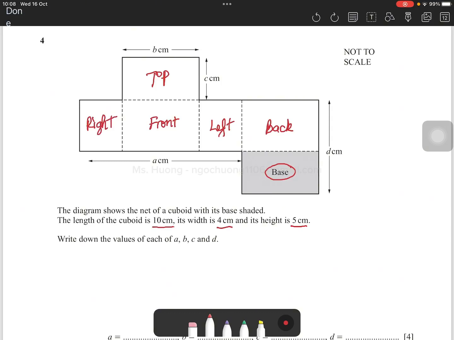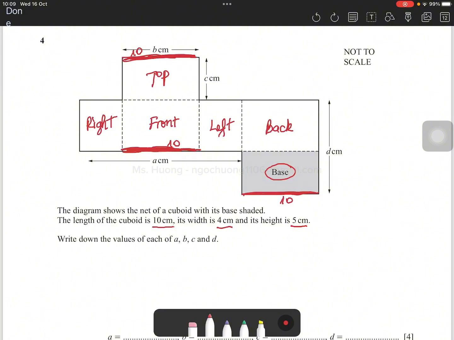And now we see that the length is 10 centimeters. This one is the length. It's 10 centimeters. So we can say that the top face, this one is also 10 centimeters. And this one is also 10. That is the length of the cuboid.